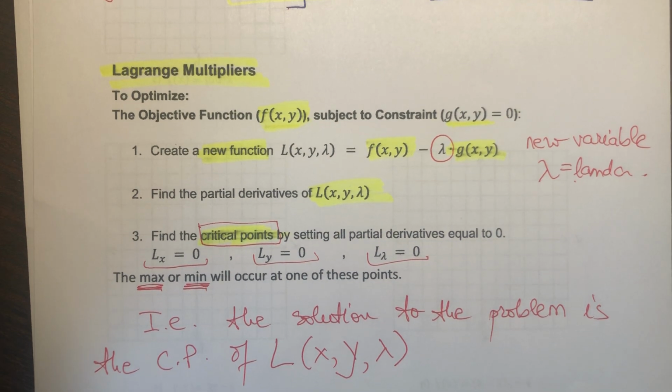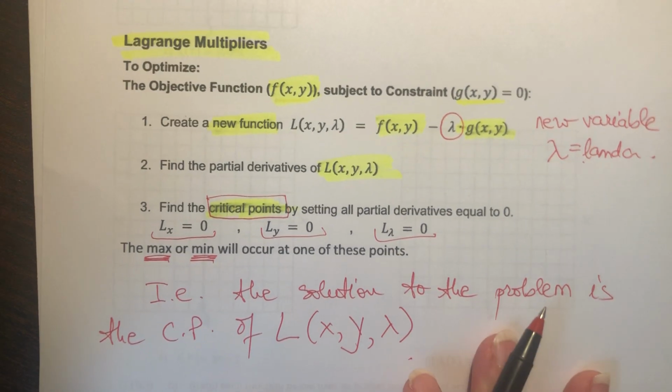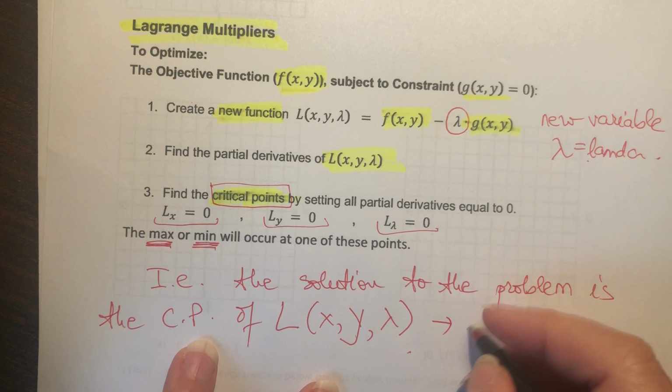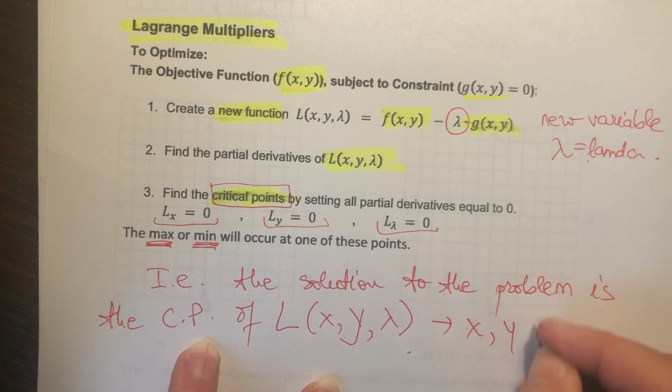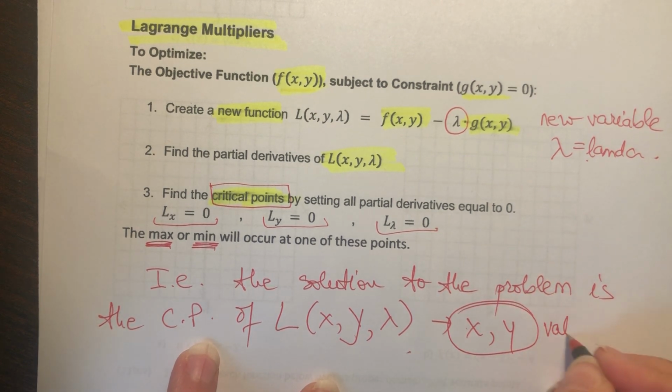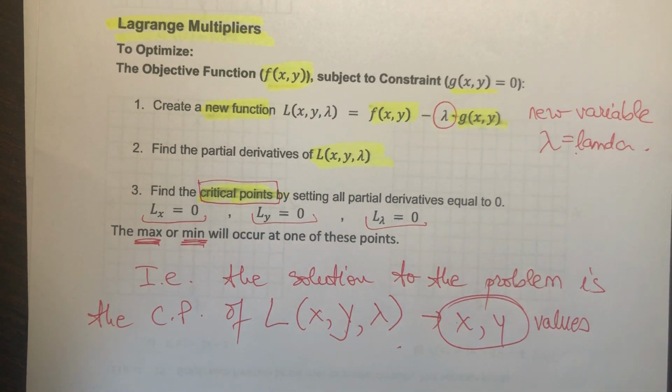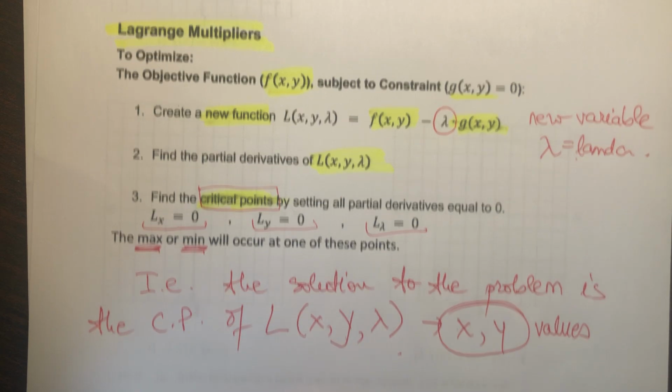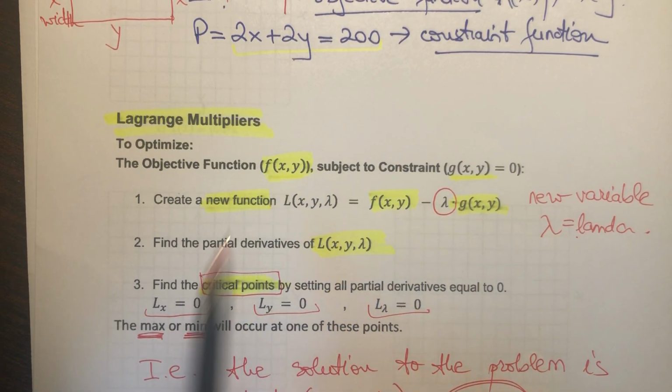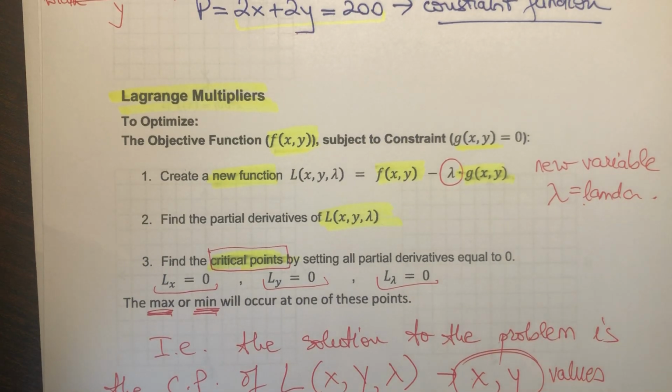So the critical point is the x, y, and lambda, but again, what are we just choosing? The x and the y values of them. That's what we're interested in. This lambda, as a matter of fact, we'll see has a meaning itself, yes? But the solution to the initial problem, what initial problem? Maximizing or minimizing this function f occurs at this critical point.